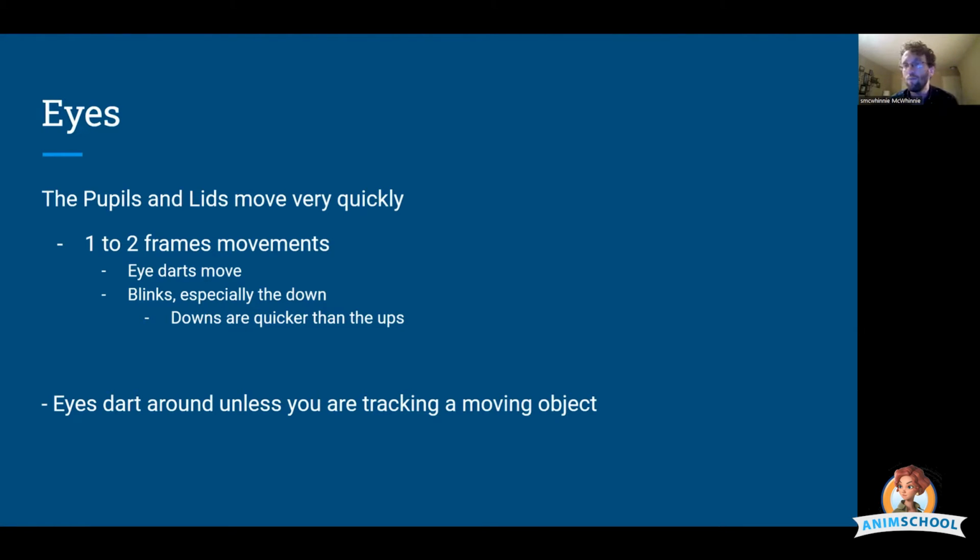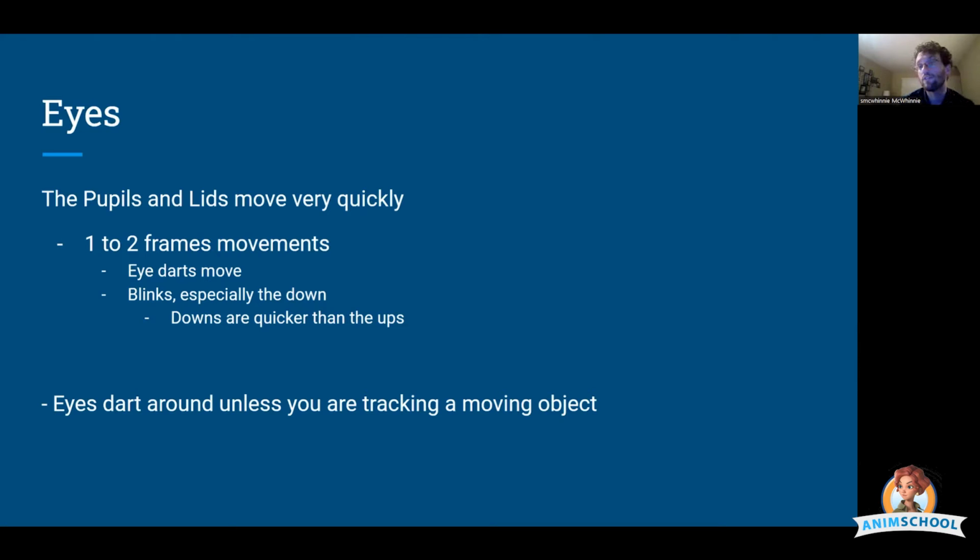Say your character is looking from left to right, but not watching something move across in front of them. If they're just moving their eyes left to right, they're going to jump in 1 or 2 frame movements. That's because your eyes have to lock onto something. They look at something, so they jump from thing to thing as you move your eyes across.